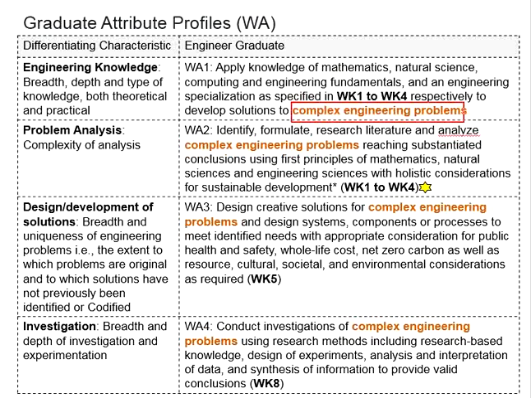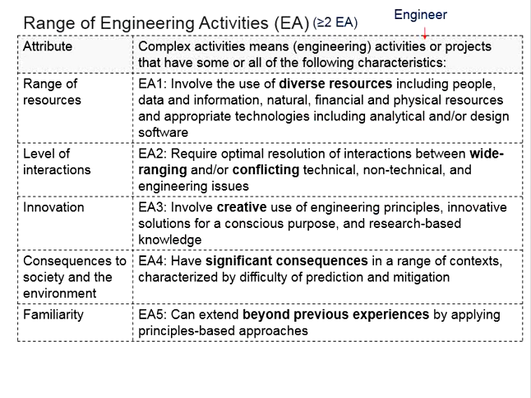When the term complex engineering problems appears, that means we will have to have the complex engineering problems for the course attending to the relevant graduate attributes. There is one more item here, which is the engineering activities. Specifically, we are talking about complex engineering activities.